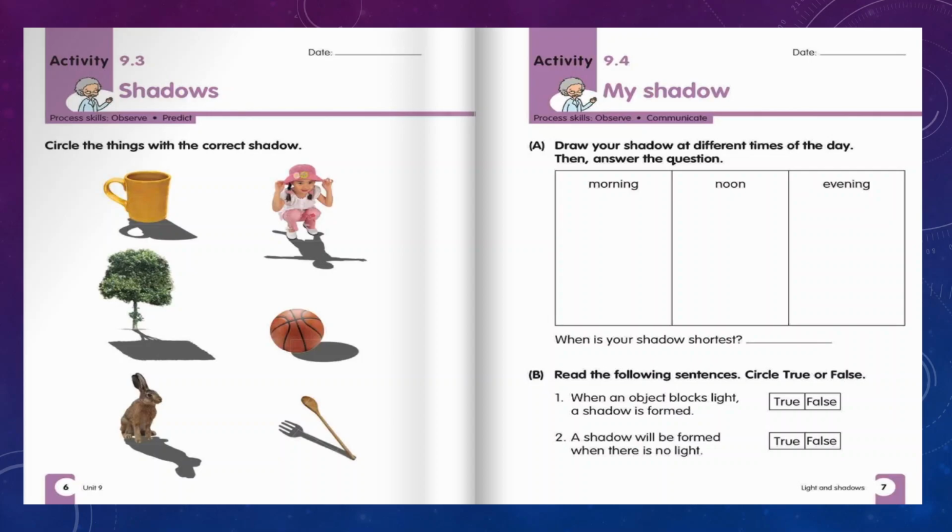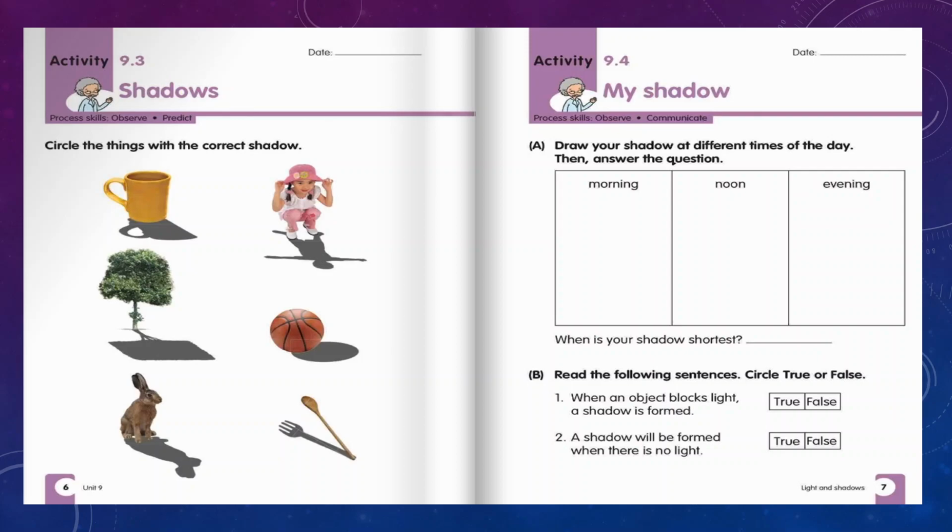If you have problems drawing yourself or another person, I suggest that you place an object where there is light and observe this object during the day, in the morning, at noon, and in the evening. All right, so you complete this information and we can discuss this in the tutorial.